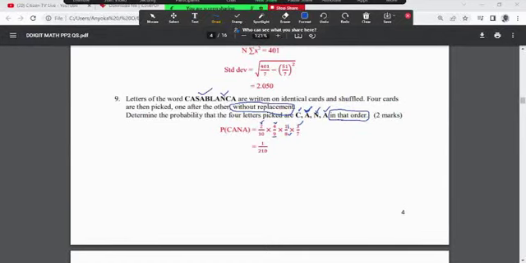So 3 over 7, because we have taken 3 cards. And now, in that order, you multiply, you get 1 over 210.